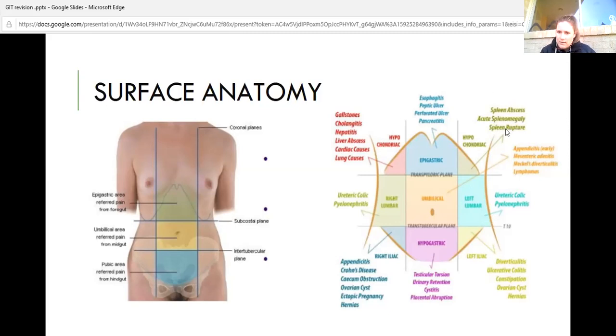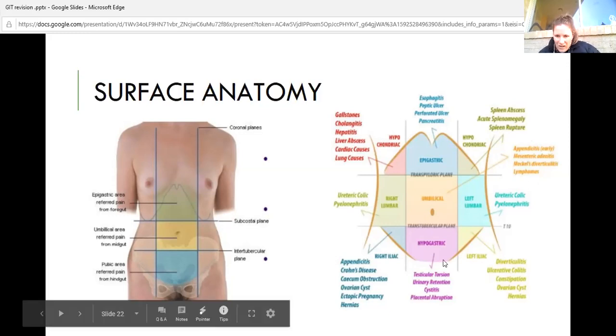Left upper quadrant is your spleen, and if it's on the flanks, then it's going to be your kidneys or ureters. Umbilical, early appendicitis or aorta, but that's more likely going to refer to the back. And then right iliac is going to be appendix.